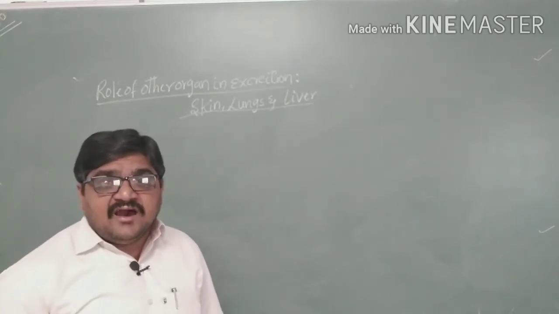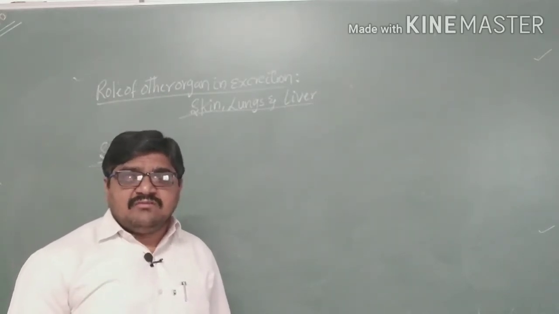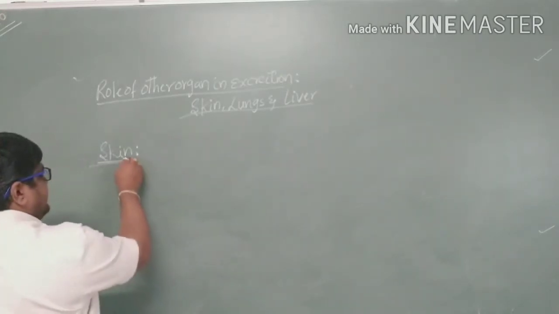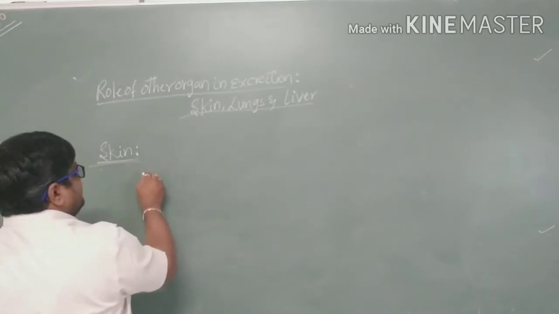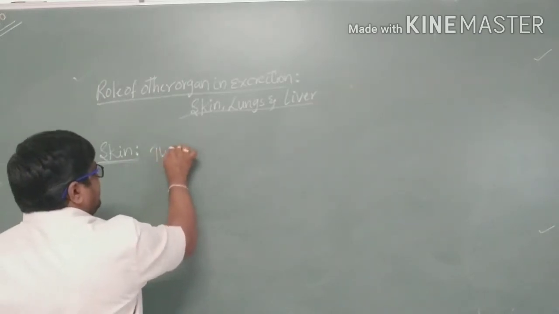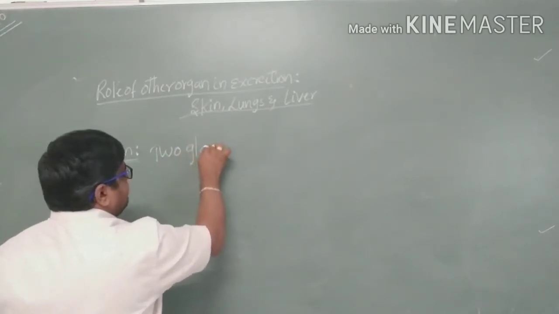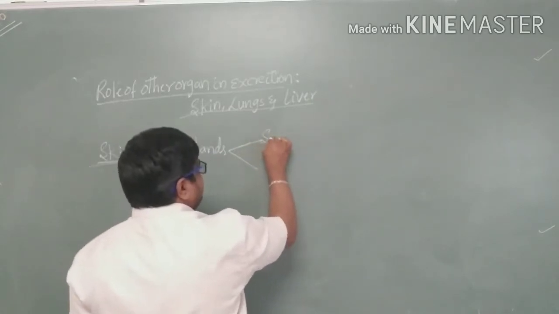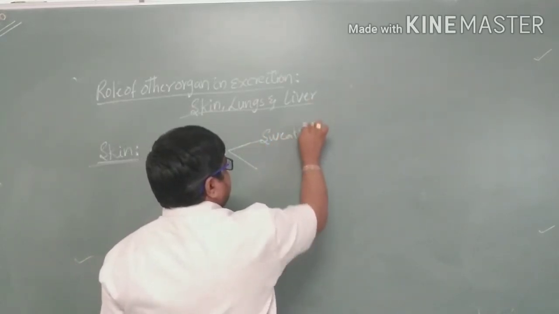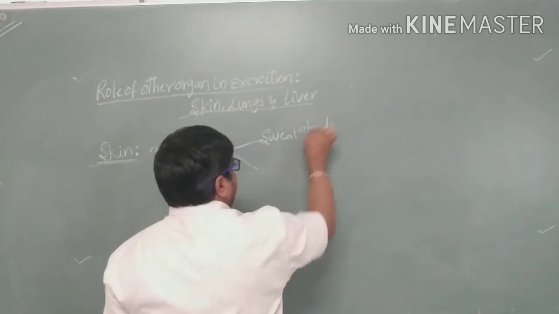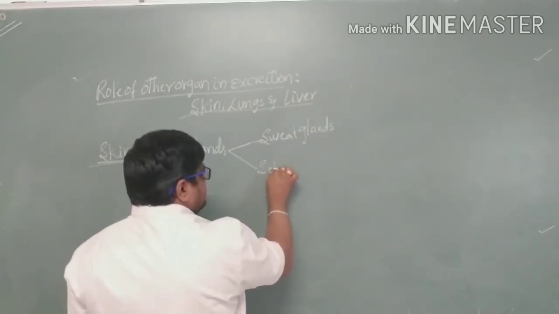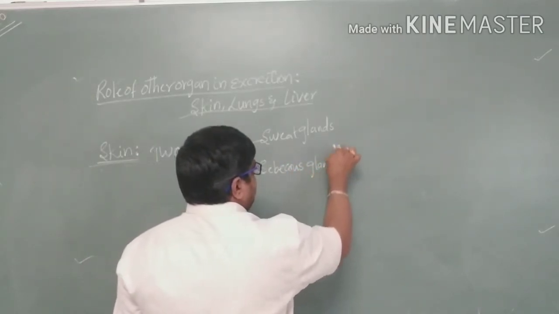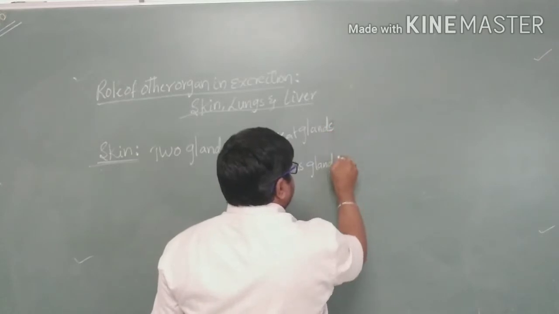The skin acts as an excretory organ, and it consists of two types of glands: the sweat glands and the sebaceous glands.